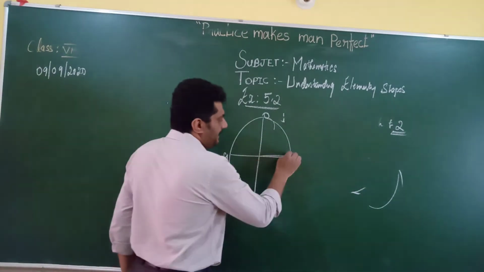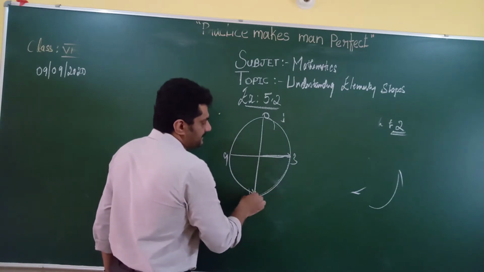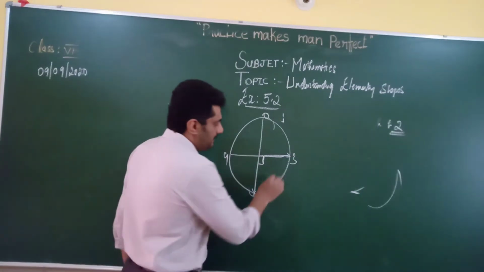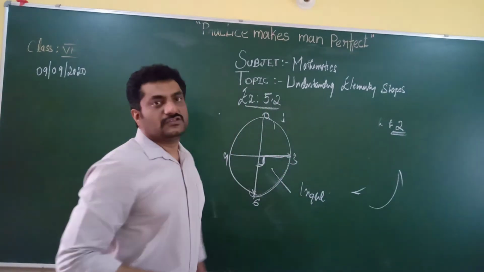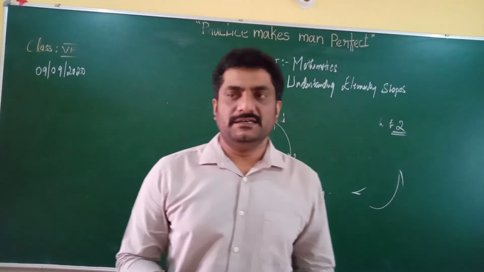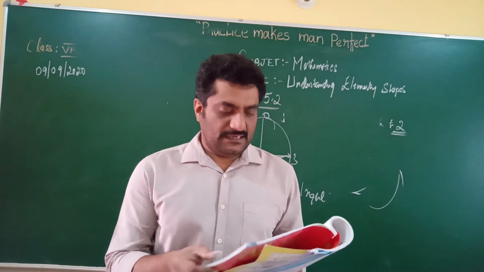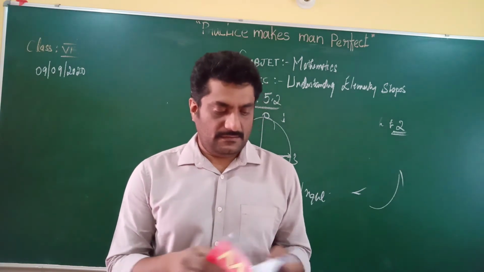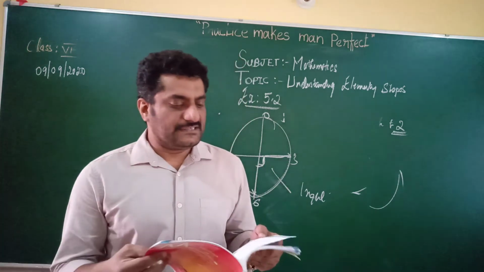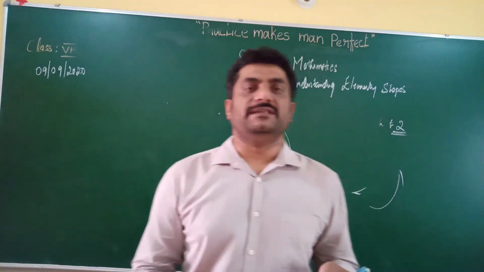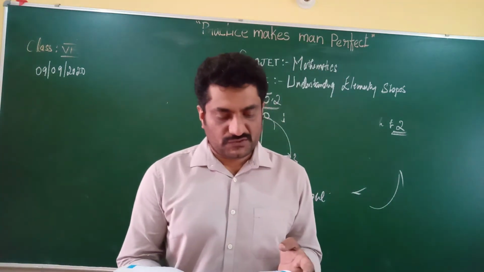Now if it goes from 3 to 6, how many right angles do we have? We have 1 right angle. 1/4 of a revolution is nothing but one right angle. The sixth one is again asking for the right angle with respect to the directions. I want you to try that one.